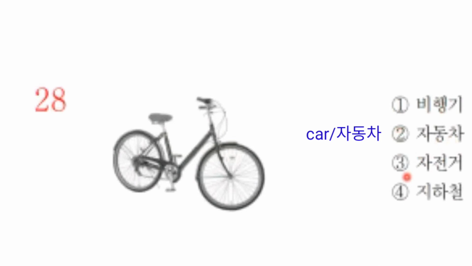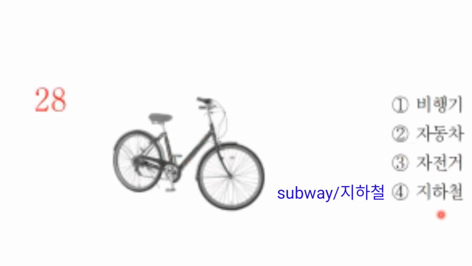Okay? Number 3 is 자전거. 자전거 means bike or bicycle. So the answer is number 3. So tingnan din natin yung number 4. Nakalagay is 지하철. 지하철 in English, that is subway. Okay? So the answer for number 28 is 자전거, bike.